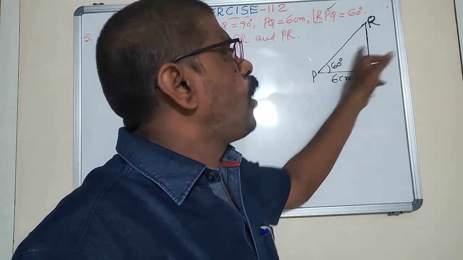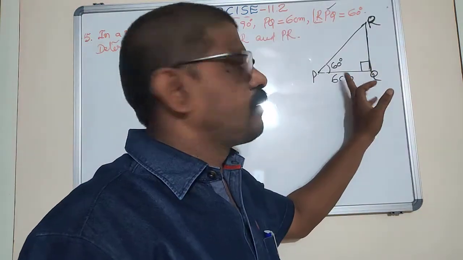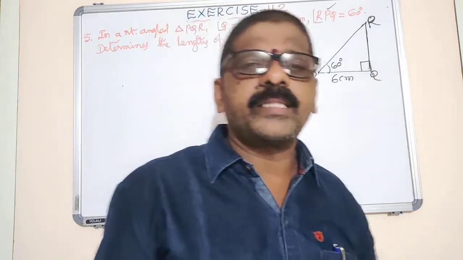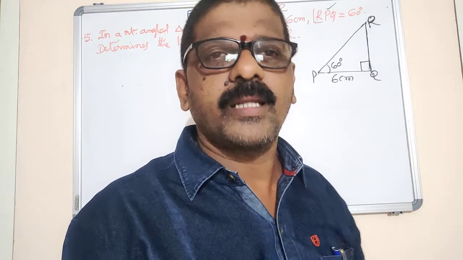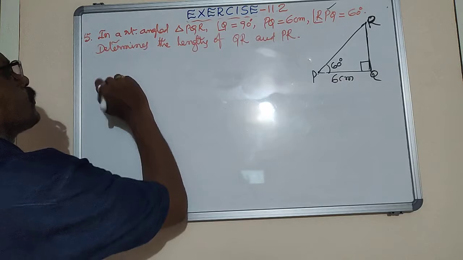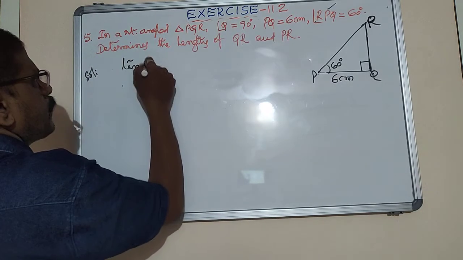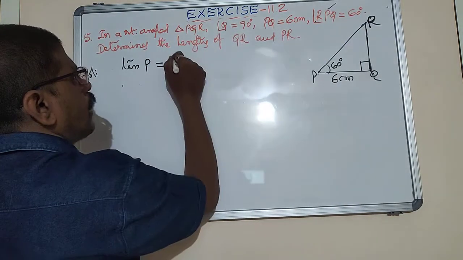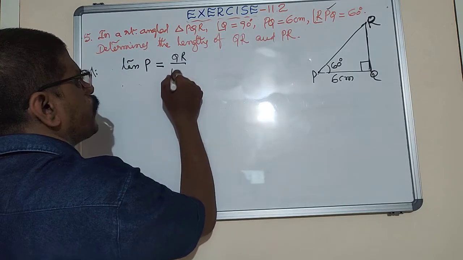First we can take the opposite side to angle P divided by the adjacent side to angle P, which can be written as tan P. Clear, tan P. Now we can write in the solution part, tan P equals the opposite side, that means QR, by the adjacent side to P, that means PQ.